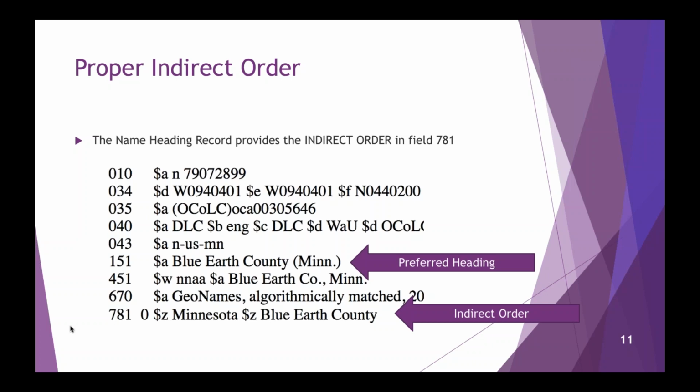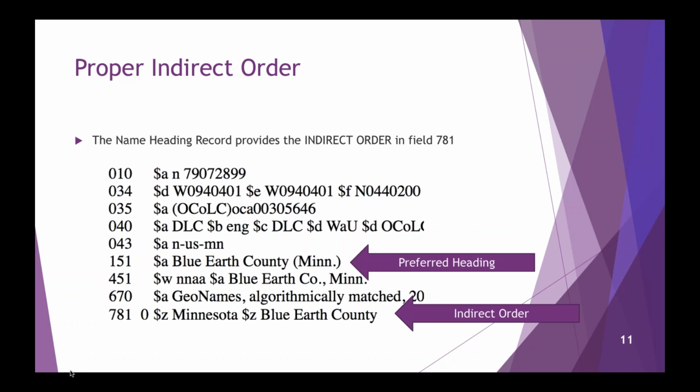So you don't ever have to struggle with how should it look. You would go to the authority record, because that's what the authority record is about, is establishing how all of these things should look. So go to the authority record, and that 781 field shows you what your indirect order should be.